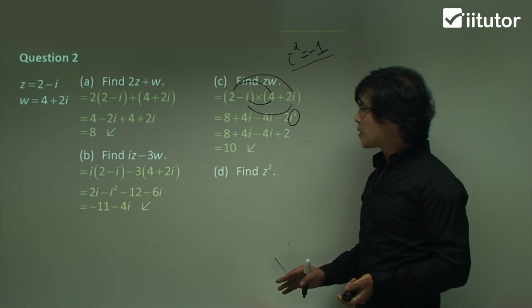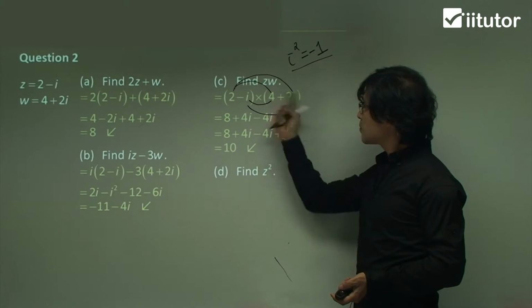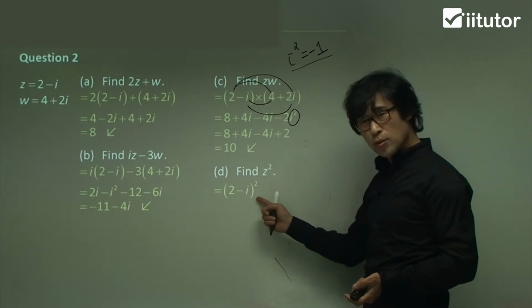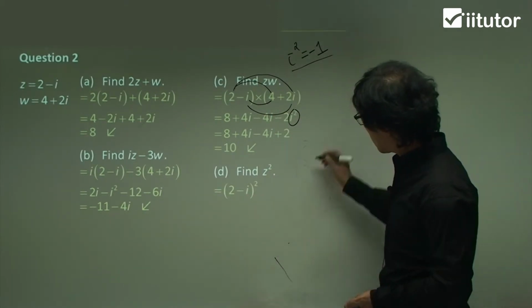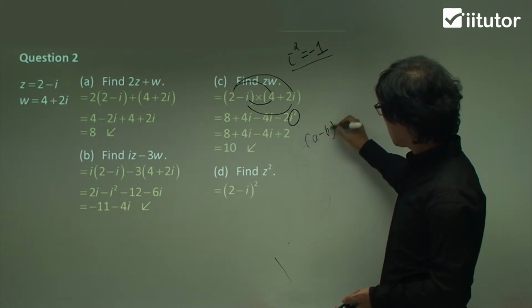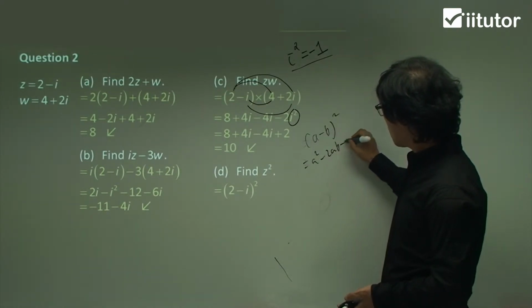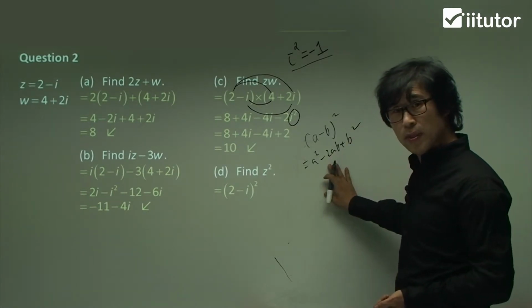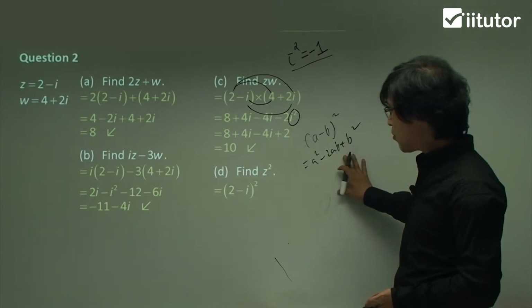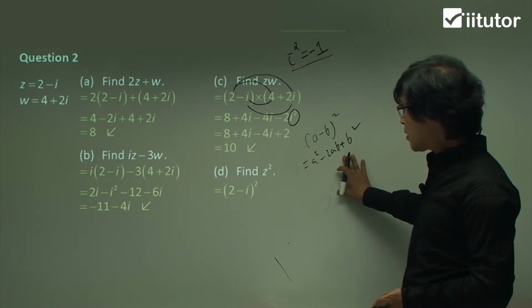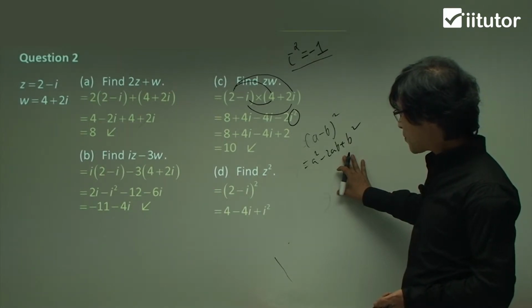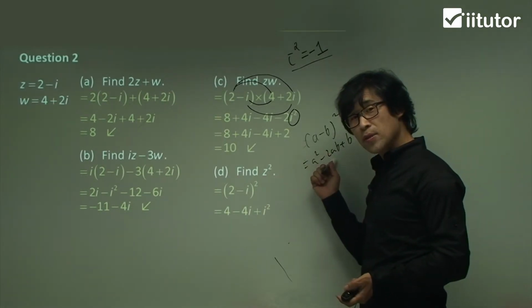Okay, part D, z squared. Just use the formula. So what was the formula? a minus b squared: a squared minus 2ab plus b squared. Can you remember this? It's a very easy thing to do. You just expand it as part of this rule.